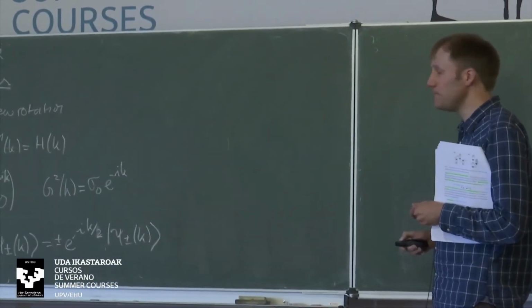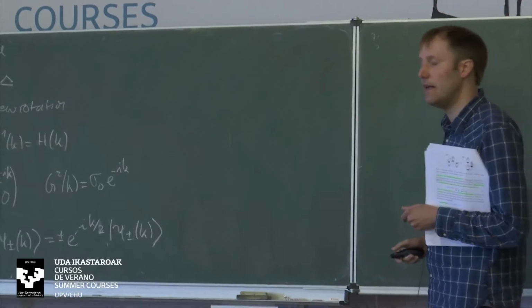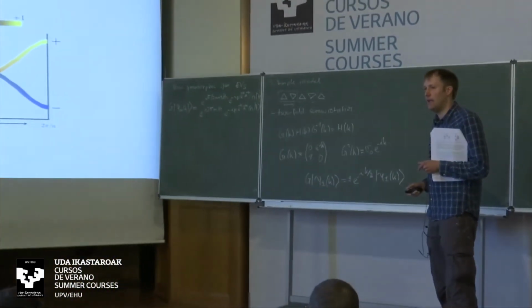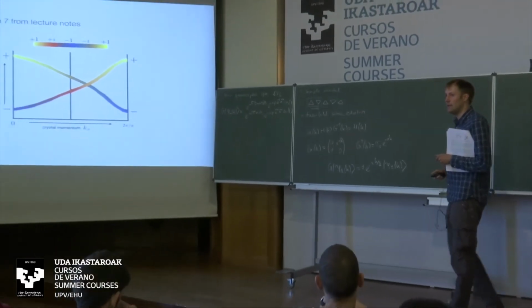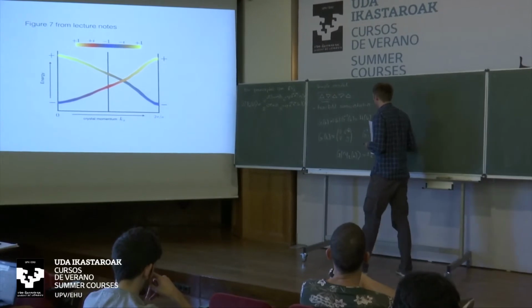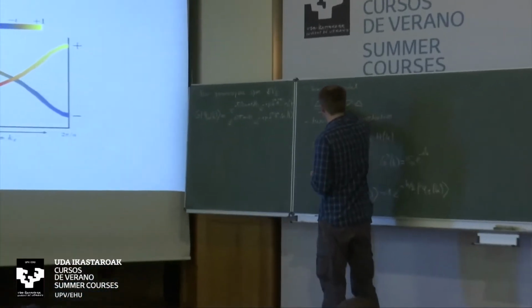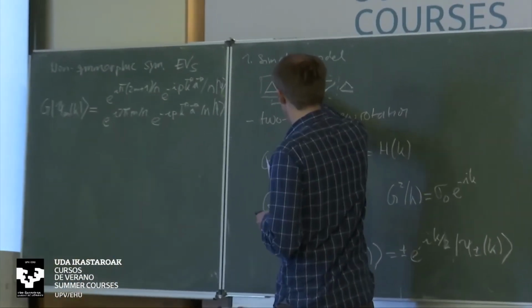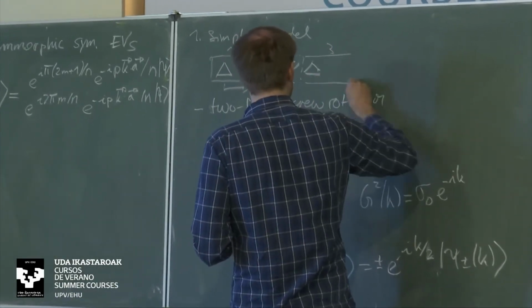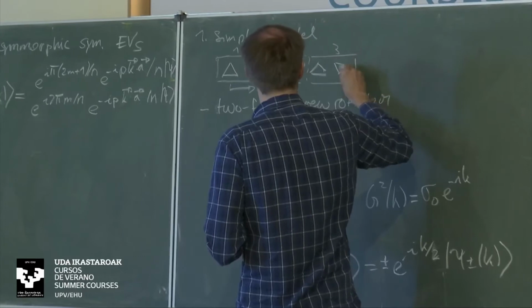Sorry? Yes? In your matrix G, if you translate by half the unit cell, you have the phase factor in k. Yeah, I mean, this is a bit off the convention, right? So here I have basically used this convention that I just label, in real space, the unit cells like this.